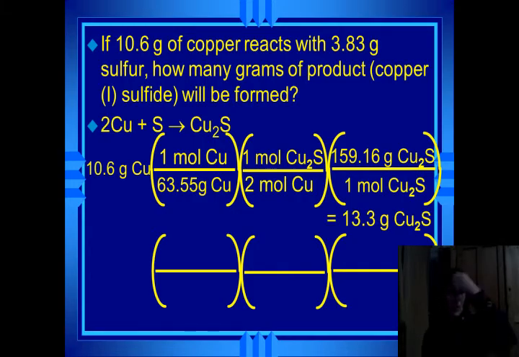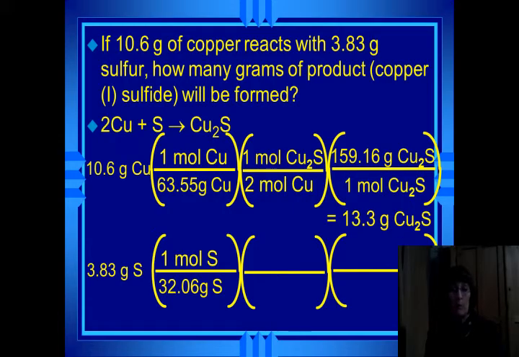Yes? All right, so are we sure that's how much is produced? No, because we've got only 3.83 grams of sulfur. So we do the exact same problem, only we're going from sulfur to the copper 1 sulfide. So the same problem, 32 grams of sulfur per 1 mole, so we change from grams of sulfur to moles of sulfur. Then we change from moles of sulfur to moles of copper 1 sulfide.